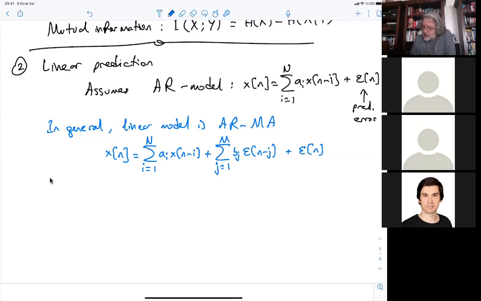We will be dealing with the autoregressive model only because it has a nice way of making a prediction in the form of filtering the past samples only, not dealing with the noise accumulation or whatever.